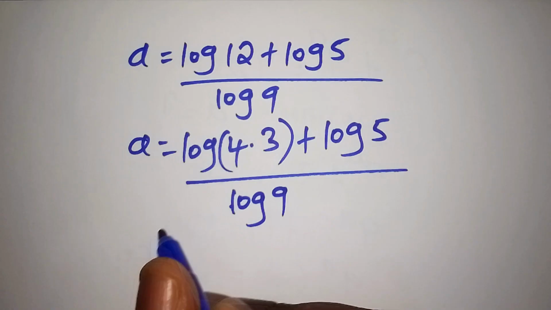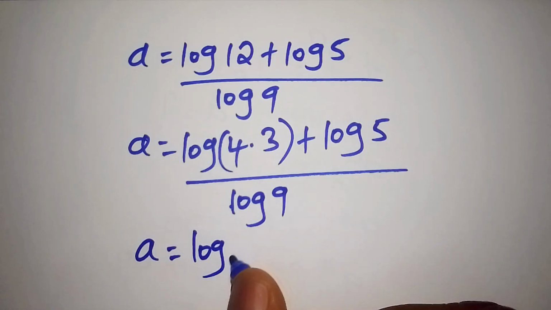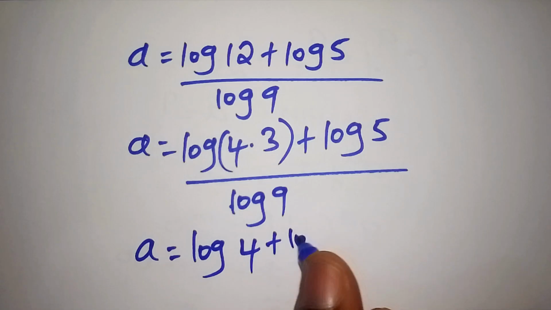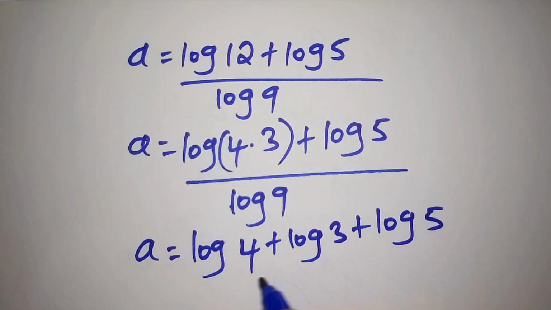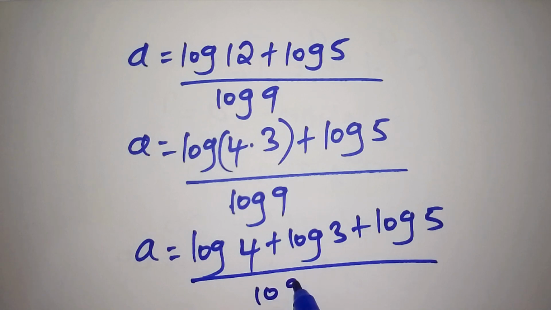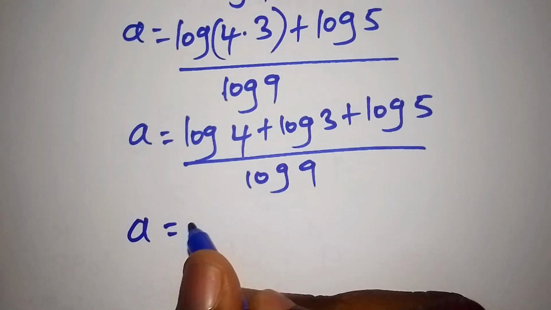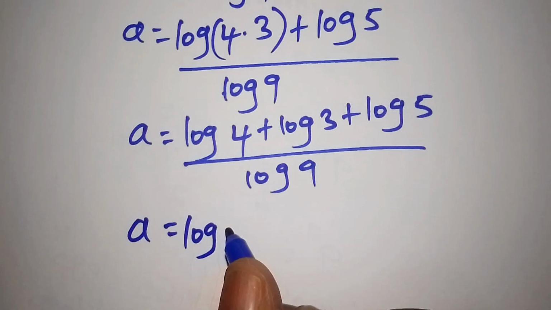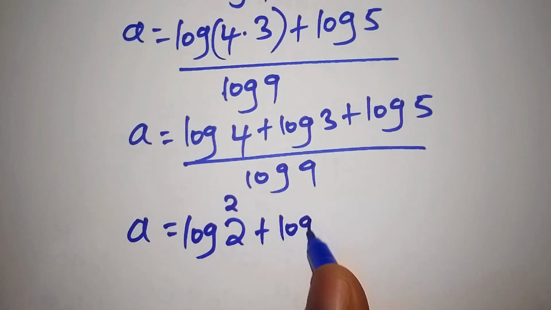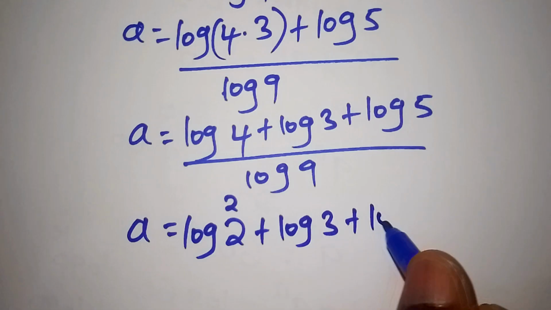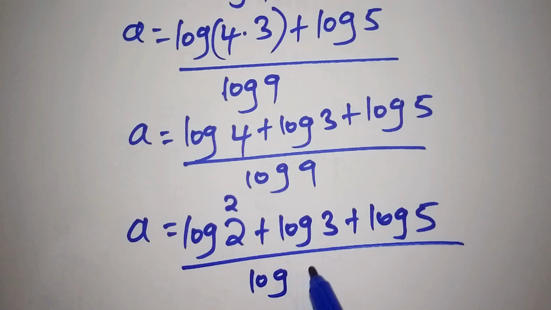So now a is equal to the log of 4 plus the log of 3 plus the log of 5, all of this over the log of 9. The log of 4 can be written as the log of 2 to the power of 2, plus the log of 3 plus the log of 5, all over the log of 9.